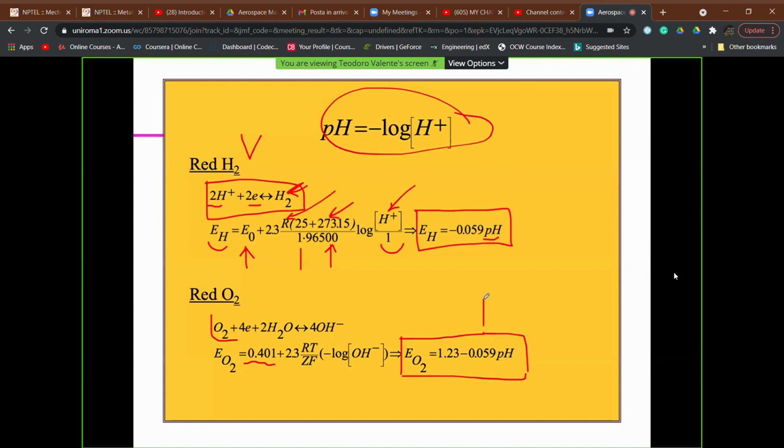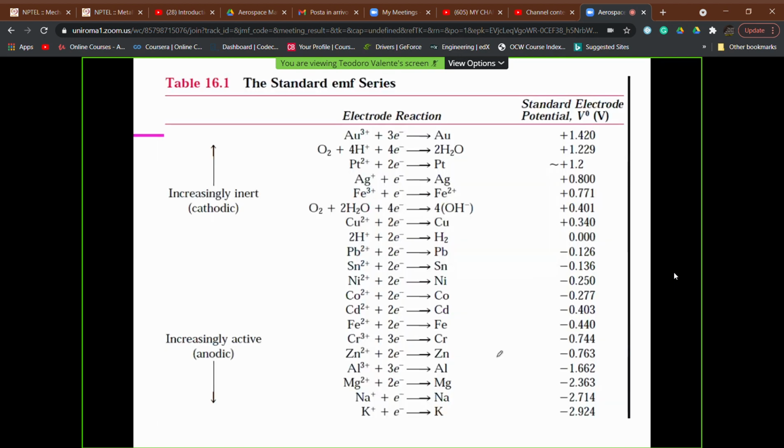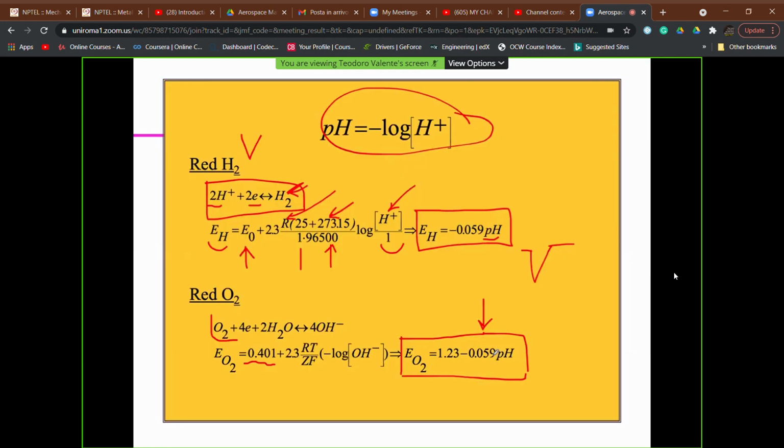The equation gives us as a result that the potential of the reduction of oxygen is equal to 1.23 volt. Obviously, this is in volt in both cases. Again, minus 0.059 pH.